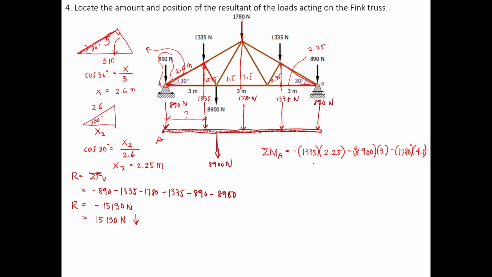Okay, so next is 1335 times, so that will be 3 plus 3 plus 0.75, that will be 6.75. Then lastly is the 890 Newton force on the far end, which is at point P, 890 times 9.